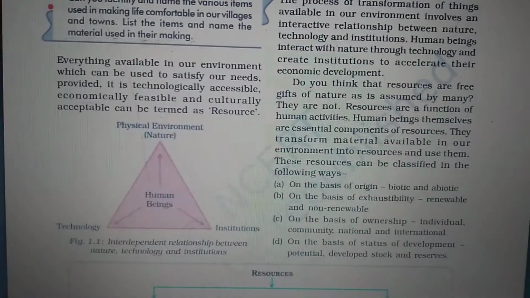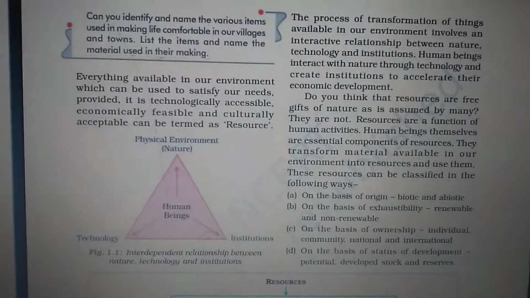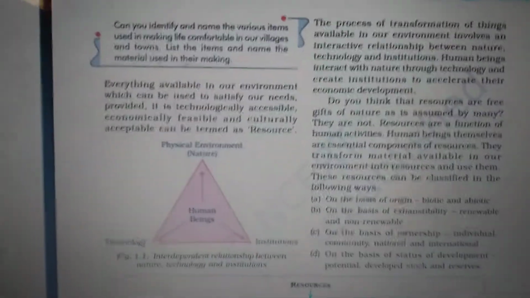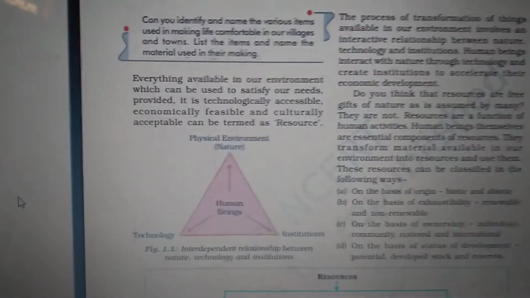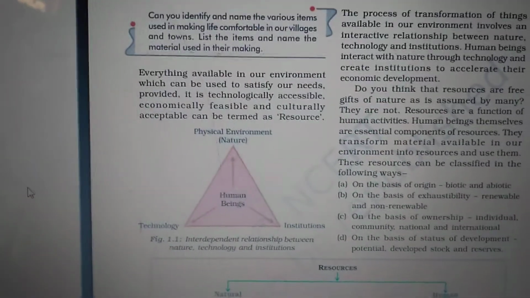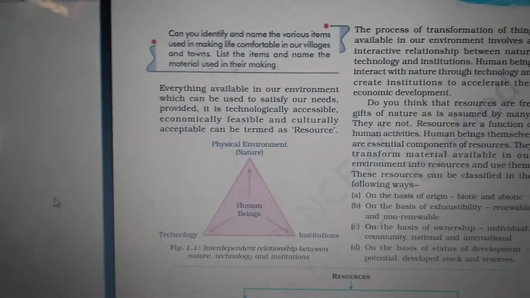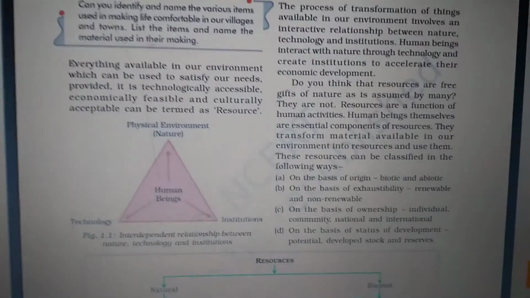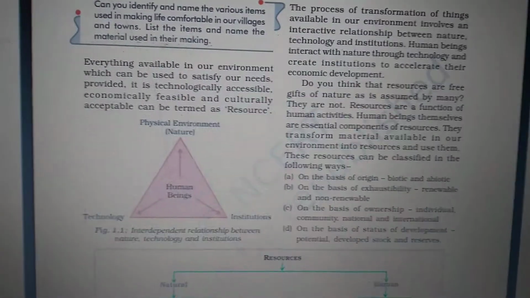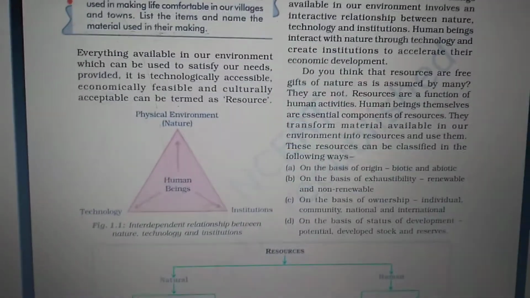No. You know what? We get coal from the earth's crust, right? But if we want to use it in technology or in other institutions, industries, we need to process it, and then industries and companies make it usable.